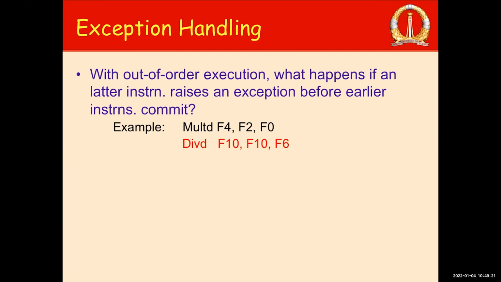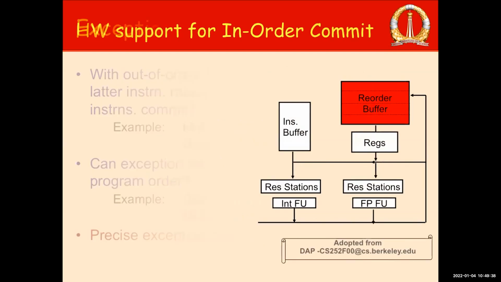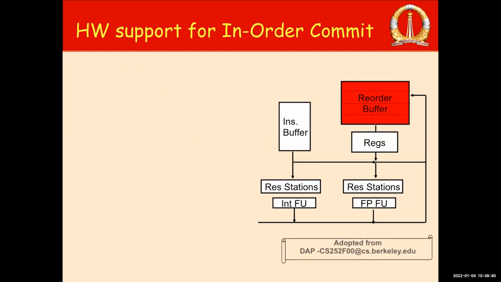And this is also required for various reasons. Let me not go into those details now. So processors would also try to implement precise exceptions, and even for this purpose you want to have in-order completion. Okay, so with those things, let me now quickly talk about how this in-order completion is achieved.